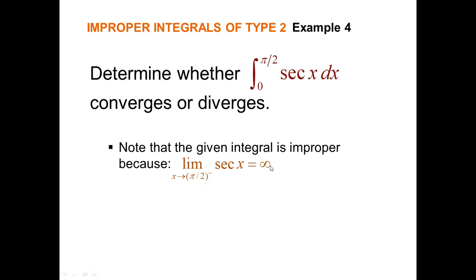You have to have your calculator so that you will be able to relate to what I'm saying here. Secant is the reciprocal of the cosine. If you get the cosine of 90 degrees, that would be 0, and 1 over 0 is infinity. So even though our limits are not infinity, this is an improper integral because your function is discontinuous at one of the limits of integration, which is pi over 2.